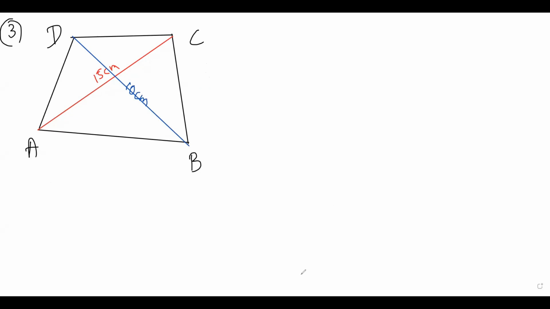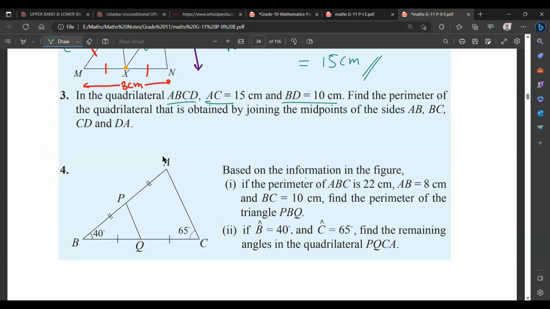Now, what are they asking? Okay, find the perimeter of the quadrilateral. That's the quadrilateral. I just write okay. That is the quadrilateral. I didn't mention that one. Okay, sorry for it.